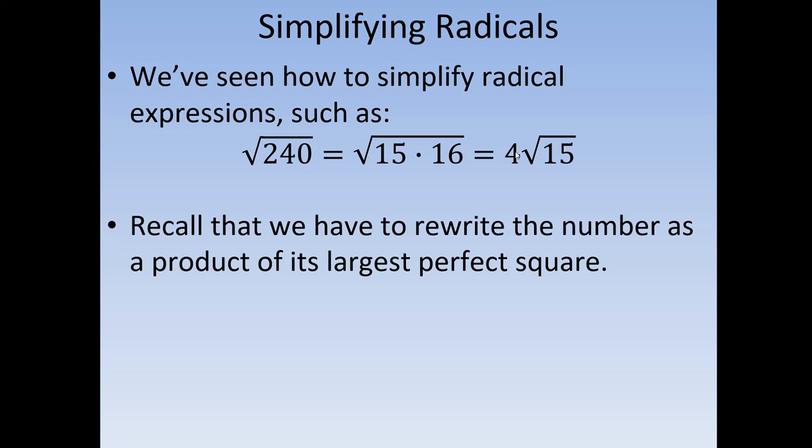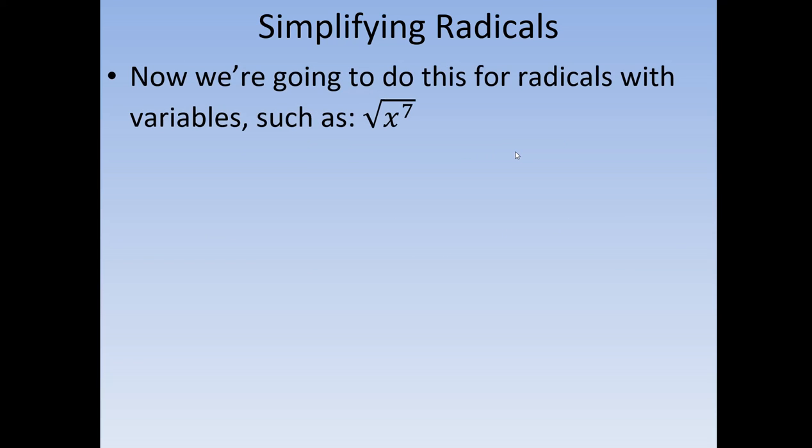Now what we're going to do is pretty much the same thing, but deal with it with variables. So this is how we're going to change it a little bit, and we're going to do a lot more with the radical. So let's say we had an example like this, x to the seventh. Now the thing is, this is not considered a perfect square because the exponent is an odd number.